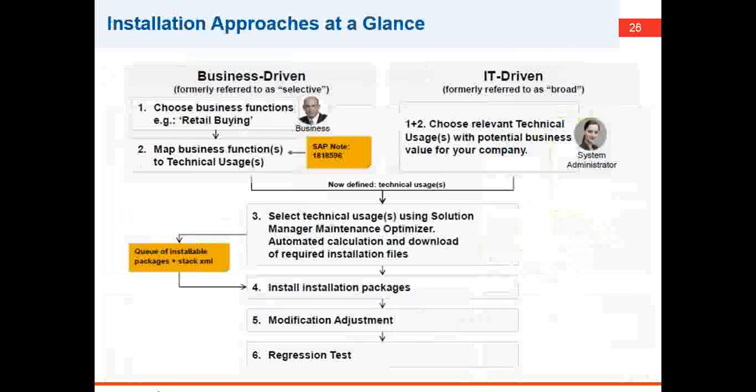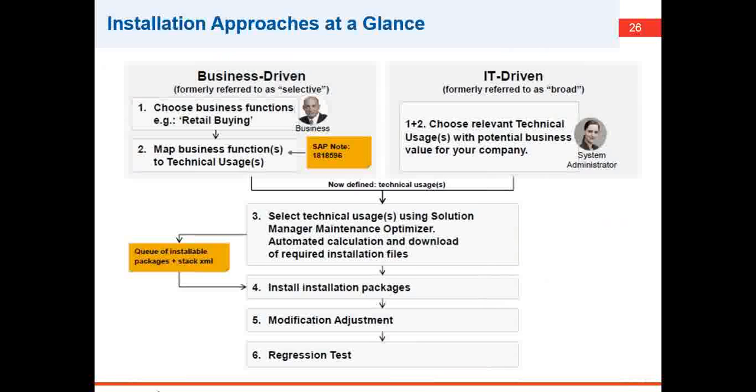I determine which technical usages I need to install. I then select them using the Solution Manager Maintenance Optimizer, which helps you do an automatic calculation, and it also helps you download the required files. Once you've got them downloaded, you're going to use the Software Update Manager tool to help you install them. Then you need to do a modification adjustment, and then finally regression test.